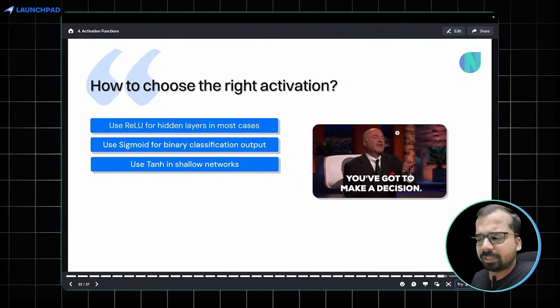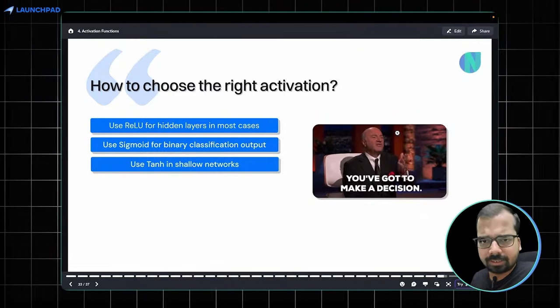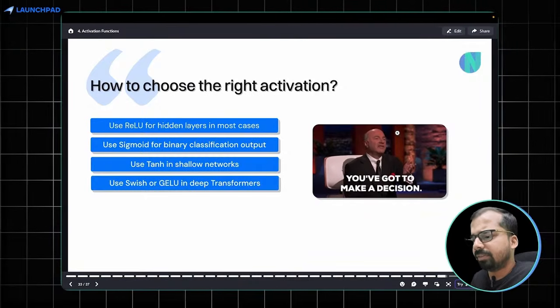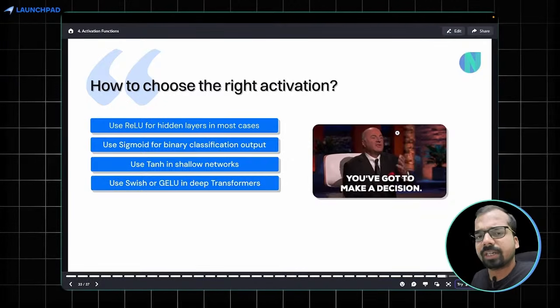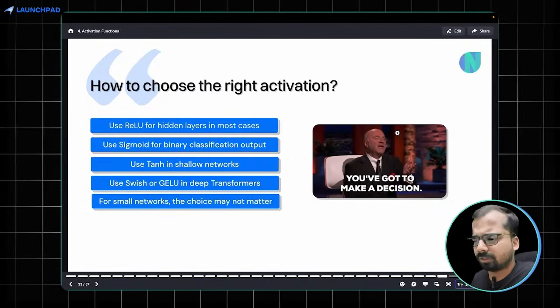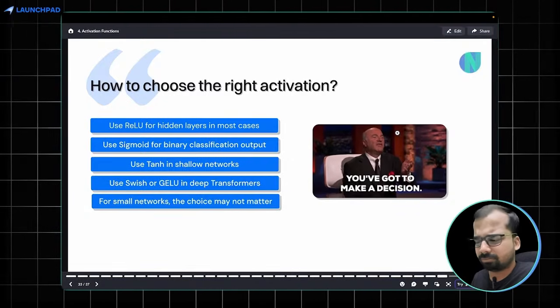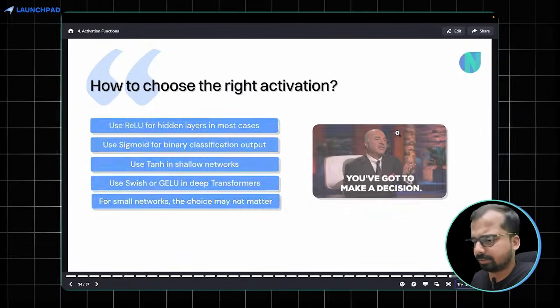If the network is not so deep, you can use tanh. And if you have something like a transformer, then you use swish or GELU. For small networks, I don't think the choice actually matters.